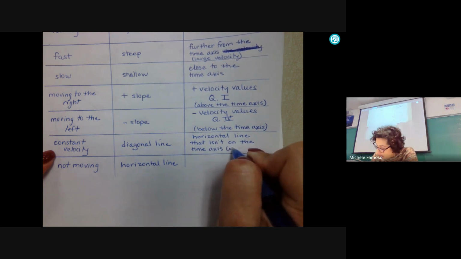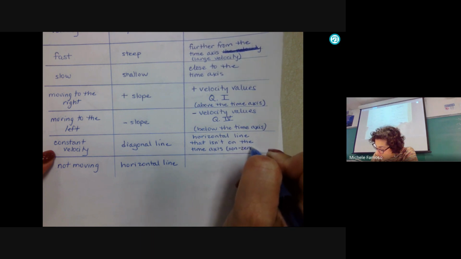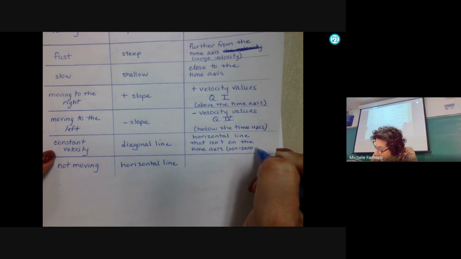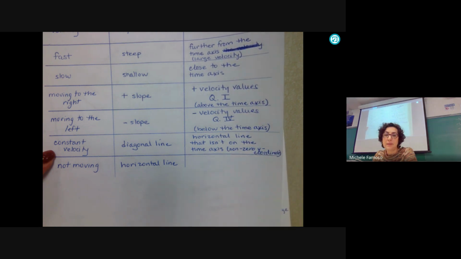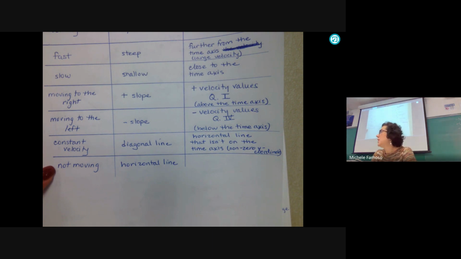In other words, you have a non-zero y coordinate. Now, 1 was the only one that wasn't moving. How could we tell that?